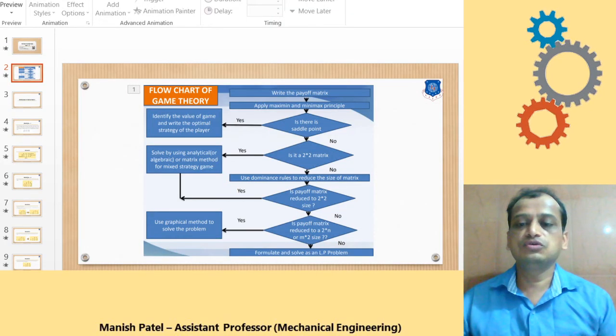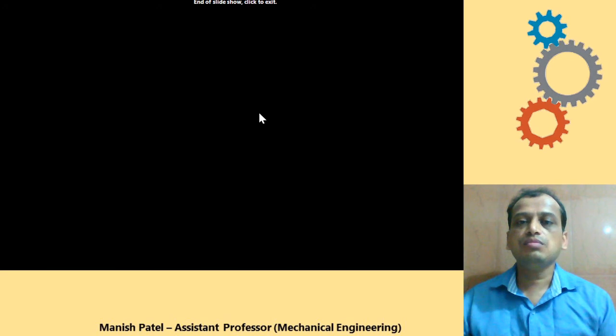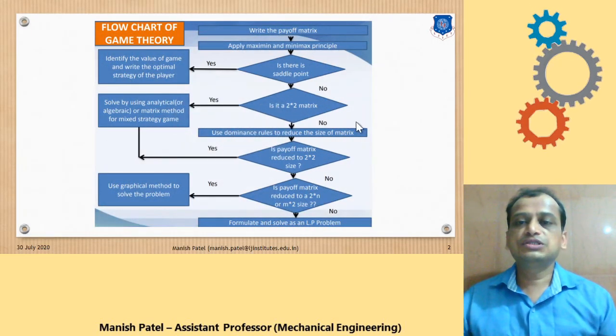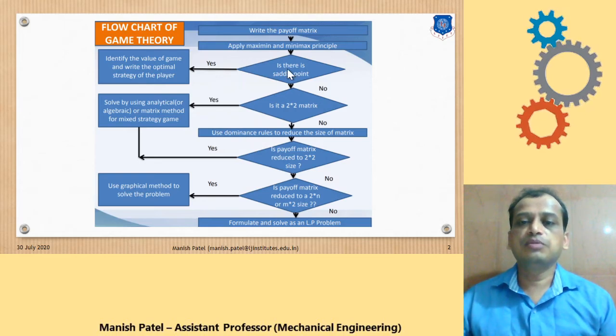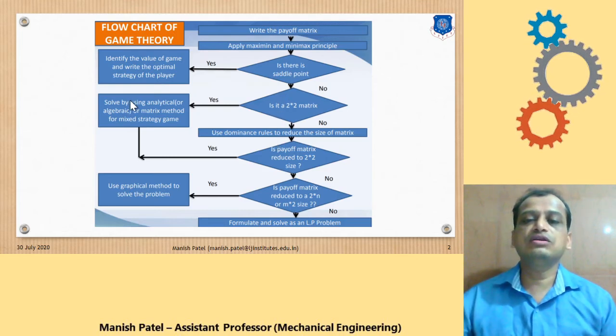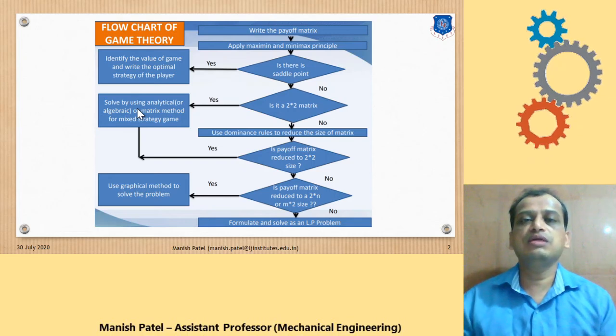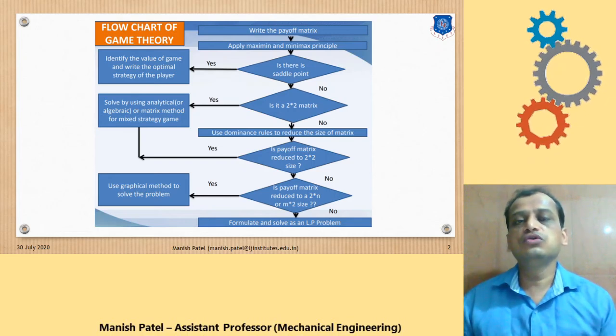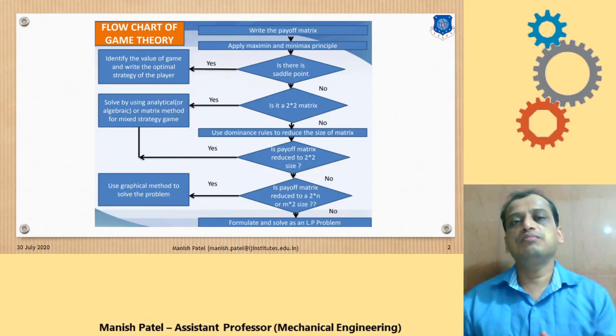If you see this flow chart here, the first step we have solved the saddle point problem. Clear? In the second one we have solved the problem based on dominance rule. Now in next lectures we will try to solve the problem based on arithmetic method, or you can say the algebraic method. Both methods are useful to you to find out the value of the game based on 2 cross 2 matrix.